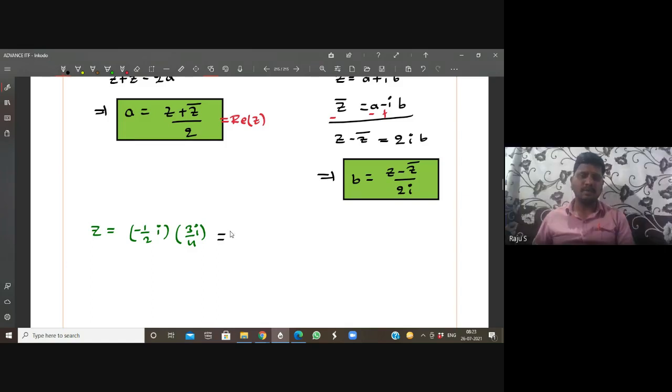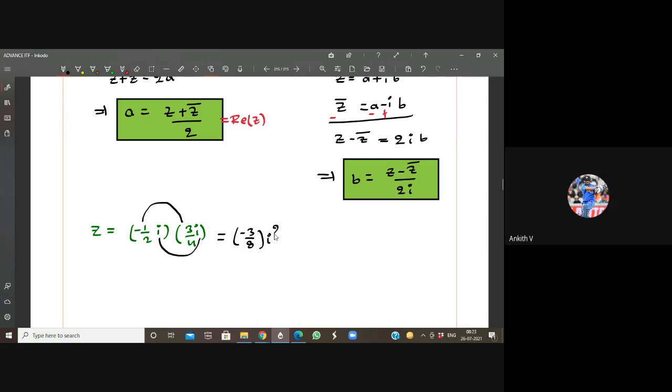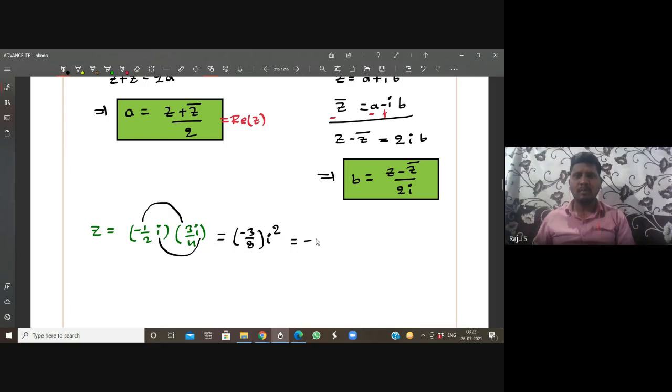In this case, we can multiply directly. Minus 1 by 2 into 3 by 4 value is minus 3 by 8. Yes or no? Into iota square, which is minus 1. So minus 3 by 8 into iota square value is minus 1, giving 3 by 8.